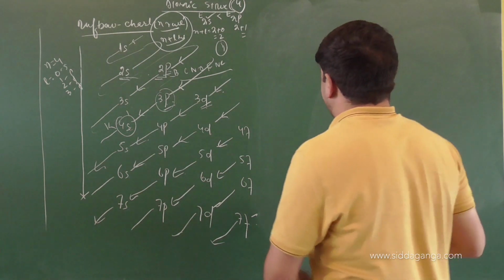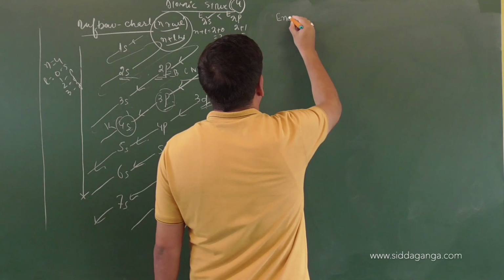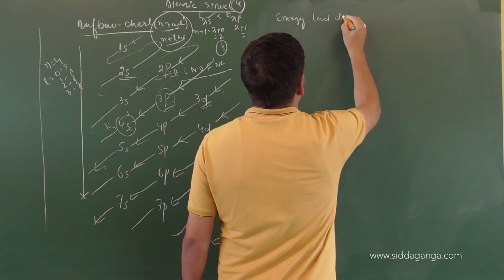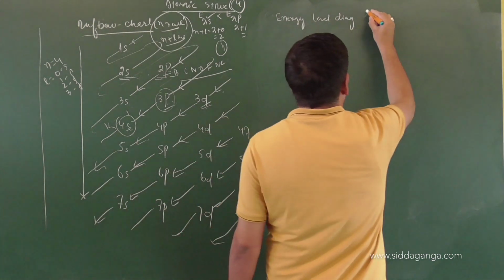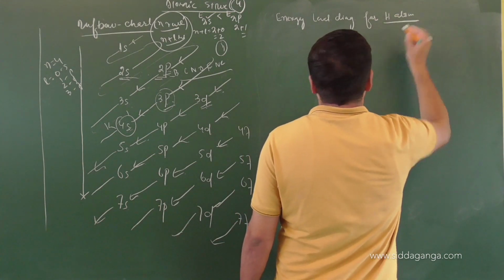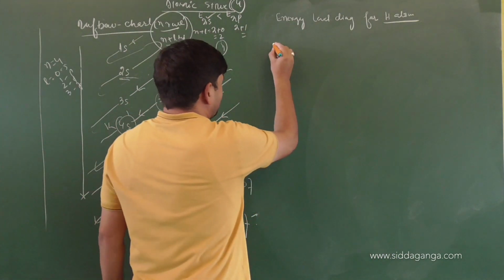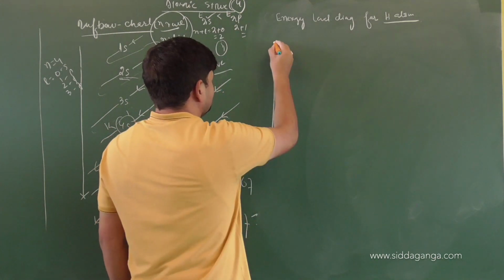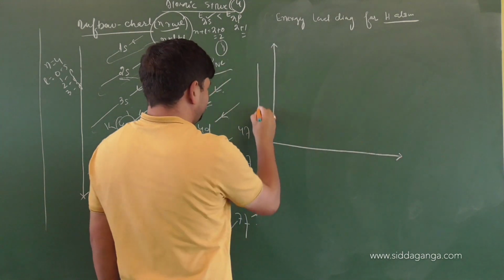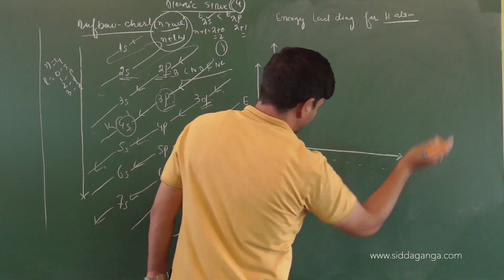Okay. So first of all, I will draw an energy level diagram for the hydrogen atom, according to this chart only. Here energy is increasing from top to bottom, but I am going to draw it differently. So this is energy, and this is increasing atomic number here for us.